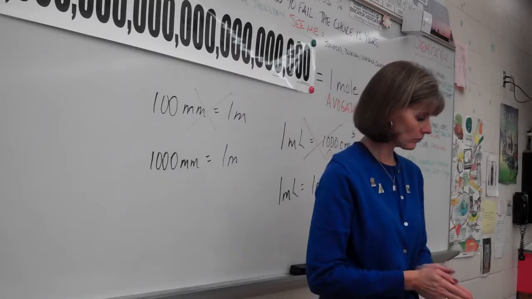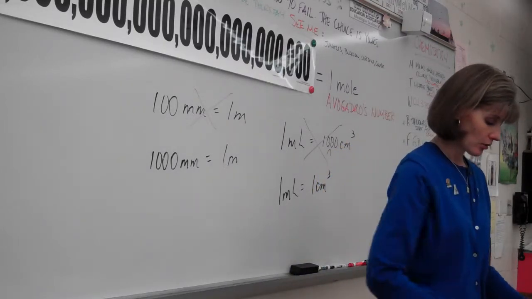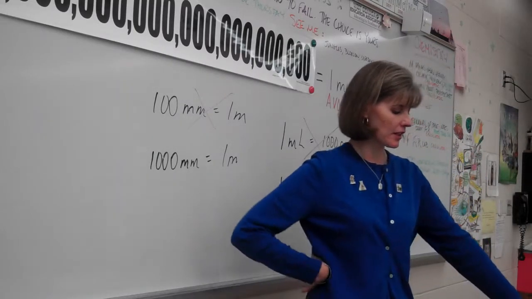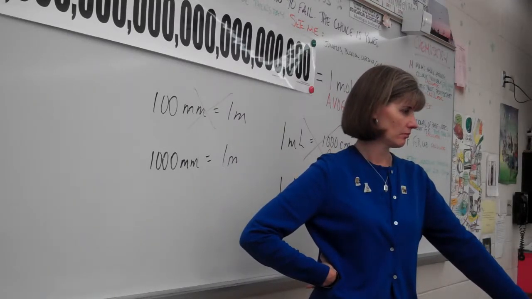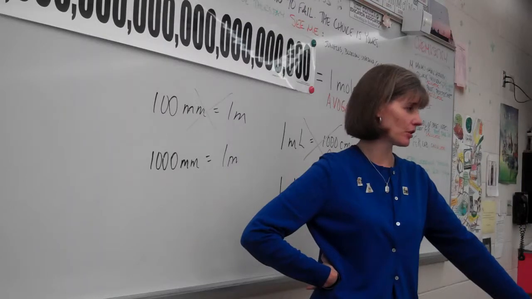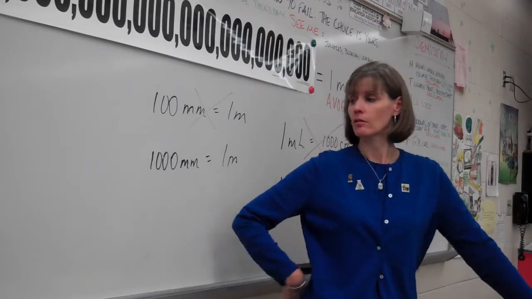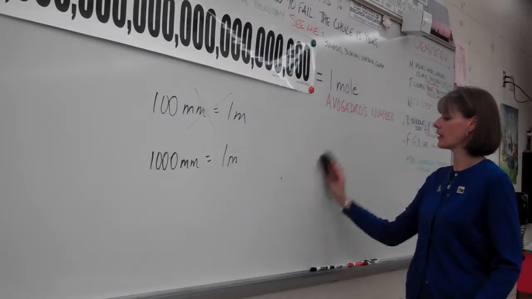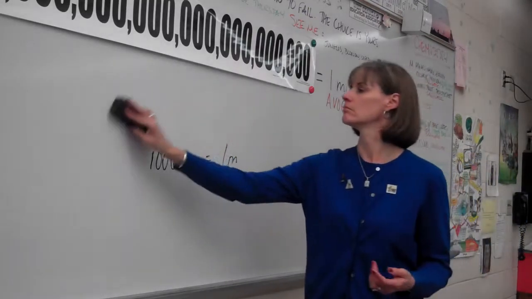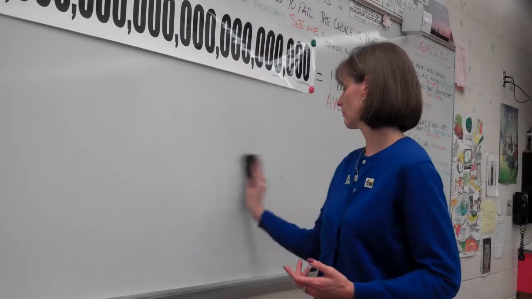Okay. 21. Define density and explain how it is calculated. You should know this because you've been doing this forever. That's the equation, mass divided by volume, but what does that mean?